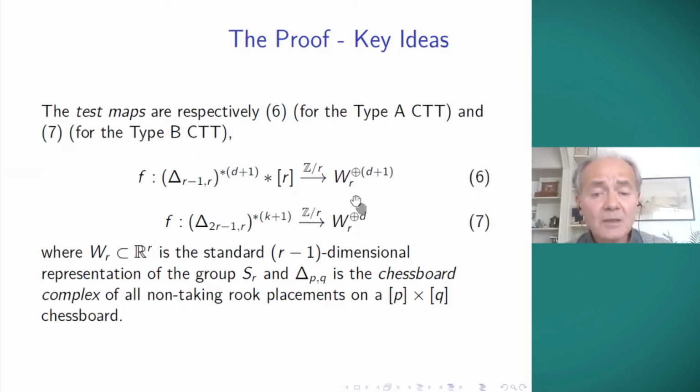And it turned out that we needed a statement like statement number 7. It says, whenever you have a chessboard complex of size 2r-1 by r, and you take this join, then there is no equivariant map without zeros from this join into some Euclidean space. For this occasion, it's not really necessary to explain in greater detail.